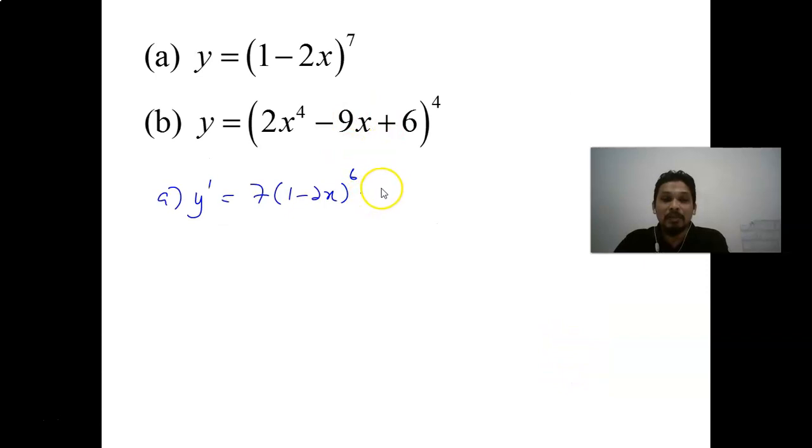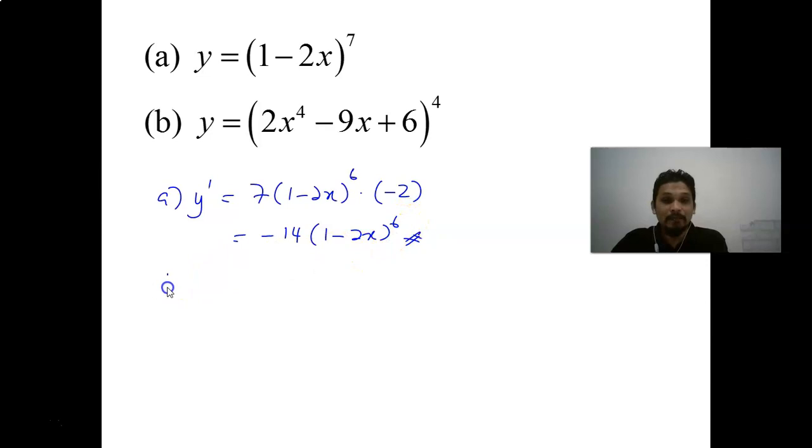So multiply with the derivative of 1 minus 2x: differentiate 1 gives 0, differentiate negative 2x gives negative 2. So negative 2 times 7 equals negative 14, (1 minus 2x) to the power of 6.